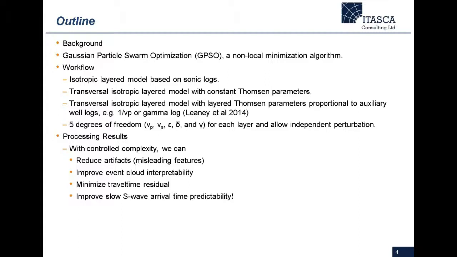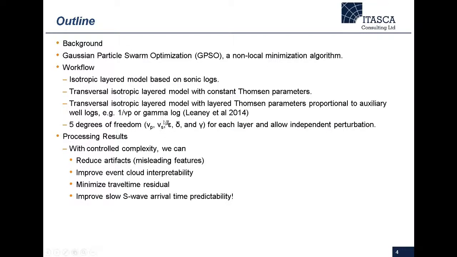So the Thomsen parameter will be the constant value that we get in the second step, plus a factor times the auxiliary log. The auxiliary log could be any log that you think captures the degree of anisotropy. It could be 1 over VP, it could be gamma log, it could be any other measurement that you believe captures the degree of anisotropy.